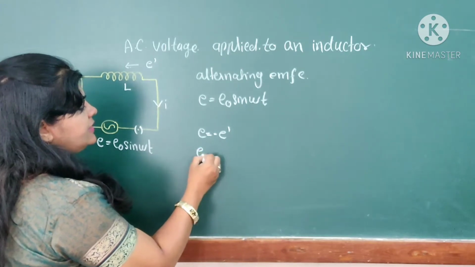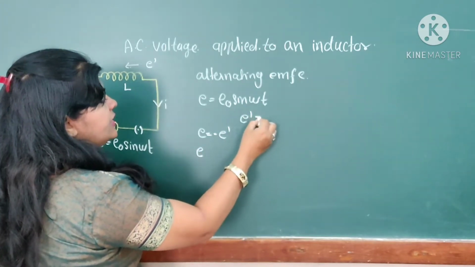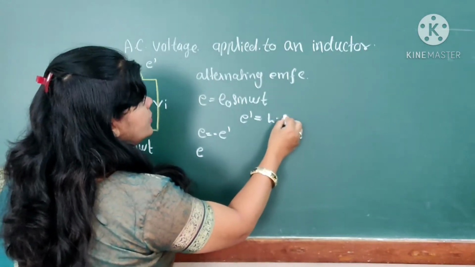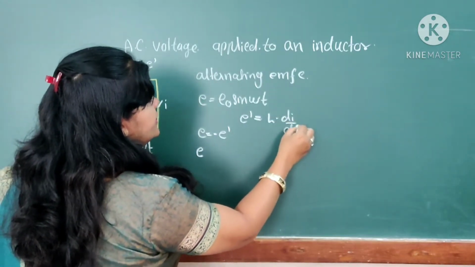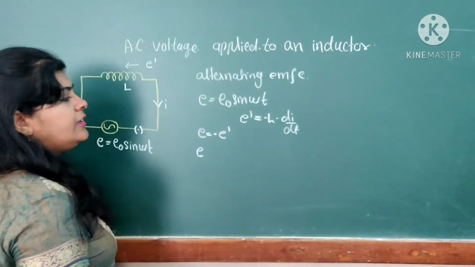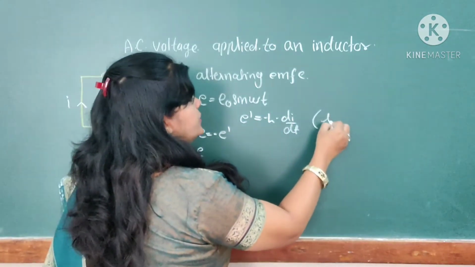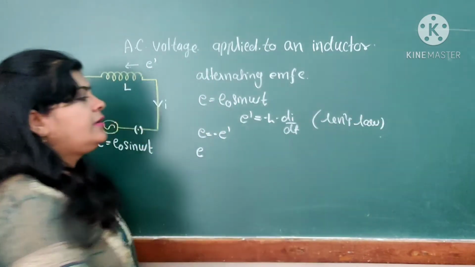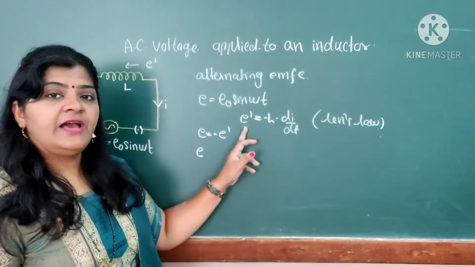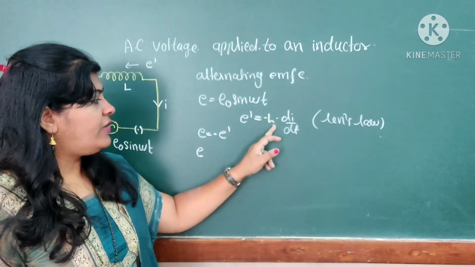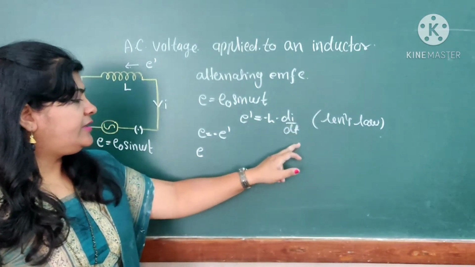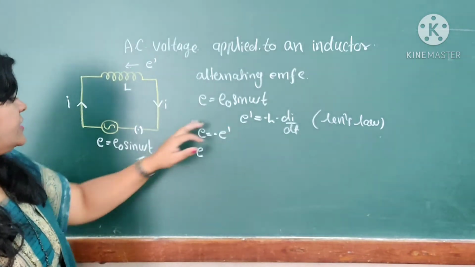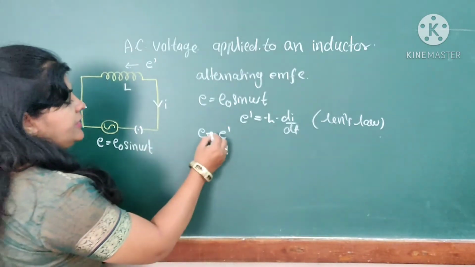According to Lenz's law, the inductive EMF E dash is equal to minus L di by dt, and this inductive EMF opposes the applied EMF.